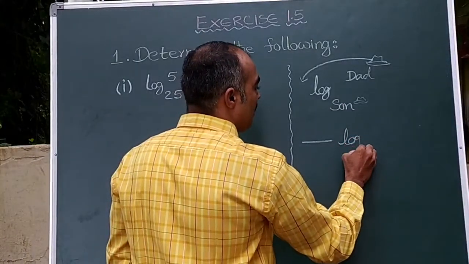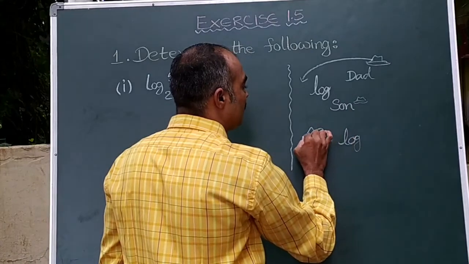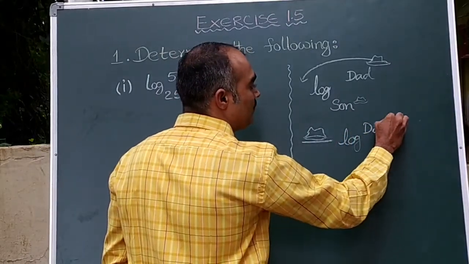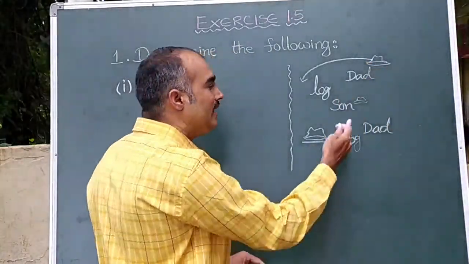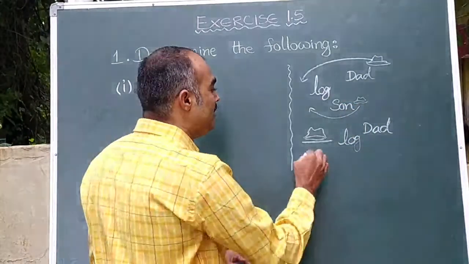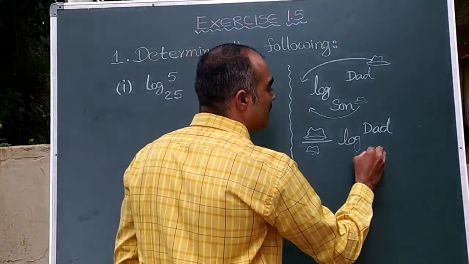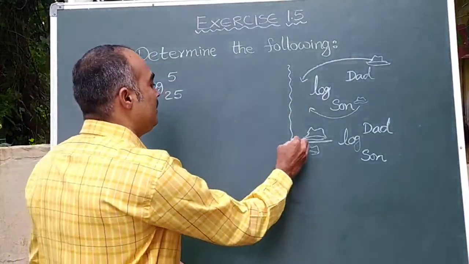This cap will come and fall here, so dad is there without the cap. Immediately the son follows his dad and throws his cap too, but it falls below the table. So here the son is alone, right.